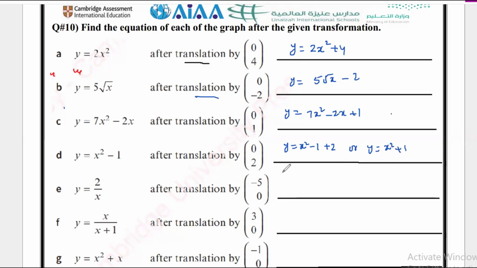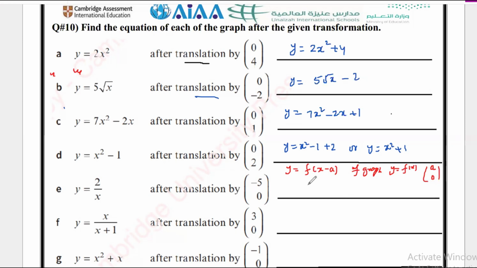And remember, when we have a translation along the x-axis, then in general y = f(x - a). So this is a translation of the graph y = f(x), and the translation vector is (a, 0), always the opposite sign.